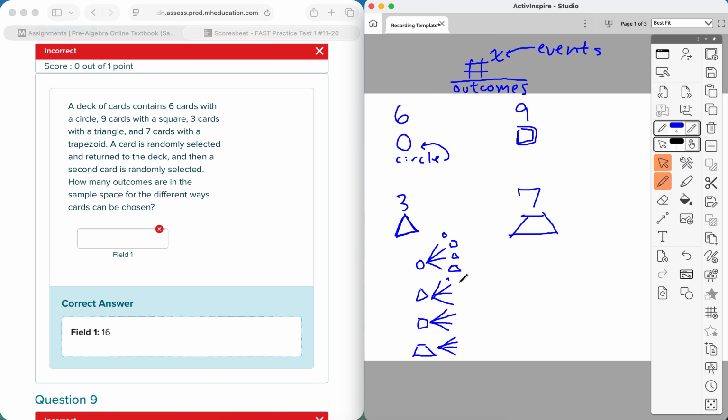Right, circle, square, triangle, trapezoid, circle, square, triangle, trapezoid, circle, square, triangle, trapezoid. This is 16 total possible combinations. Circle, circle, circle, square, circle, triangle, circle, trapezoid, triangle, circle, triangle, square, and so on. So 16 total outcomes in the sample space.